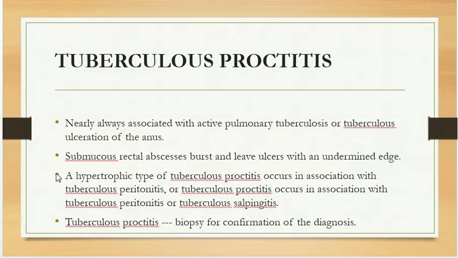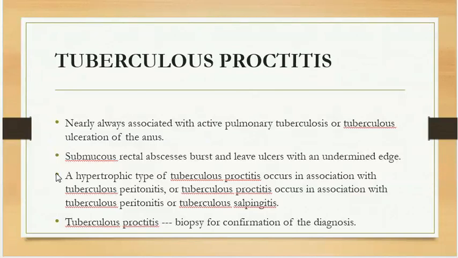Another specific infection of the rectum is tuberculous proctitis. Nearly always this is associated with active pulmonary tuberculosis or tuberculous ulceration of the anus. So tuberculous proctitis is always associated with active pulmonary tuberculosis.